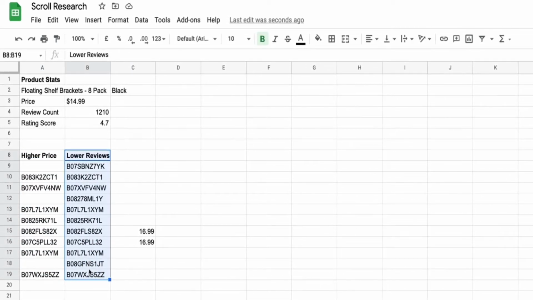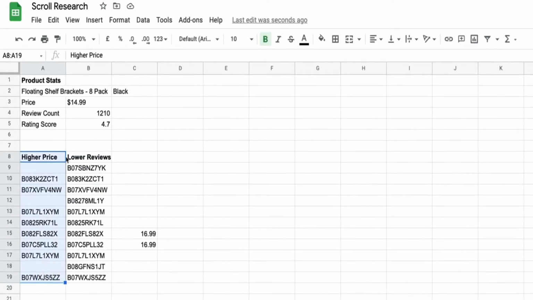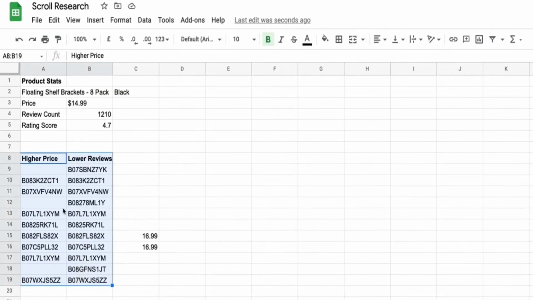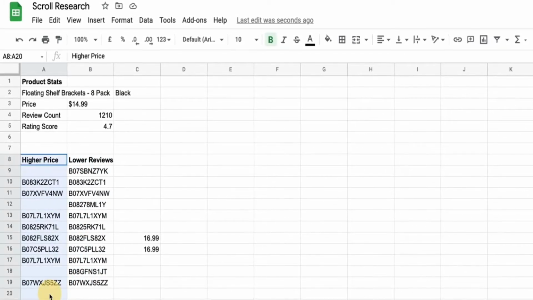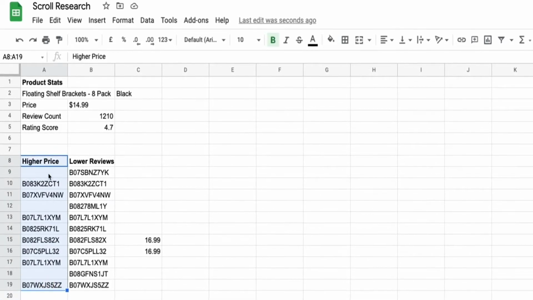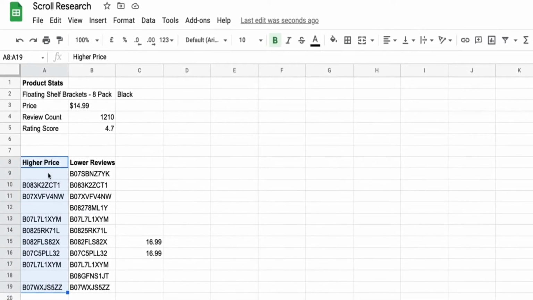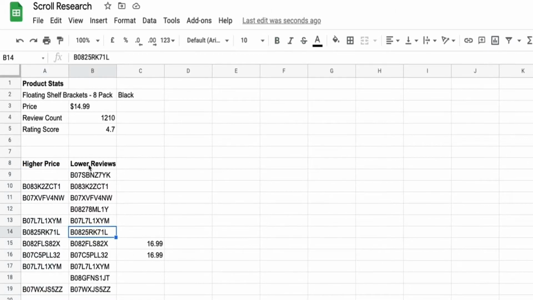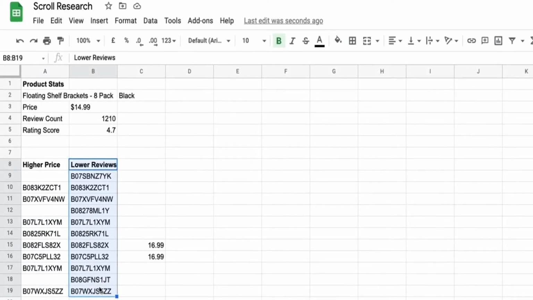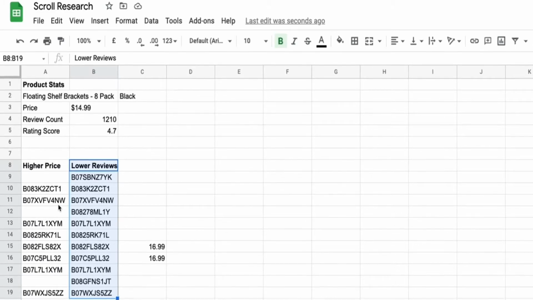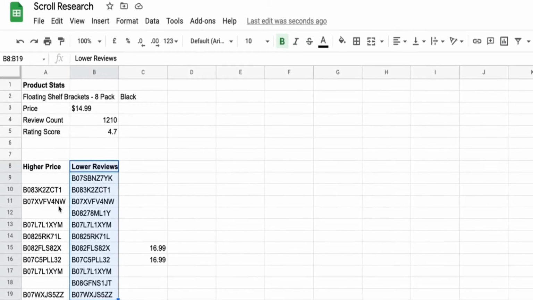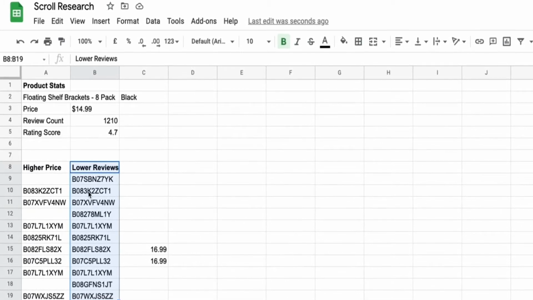The reason it's beneficial to segment these into separate buckets is that if these go head to head and you figure out that you're able to take traffic more successfully from people with a higher price than you, instead of people with lower reviews, what that tells me is that maybe with this product, people don't care about reviews, they care about a lower price.